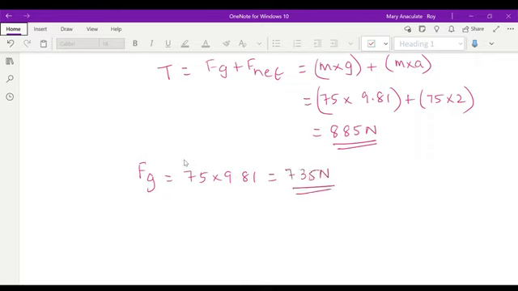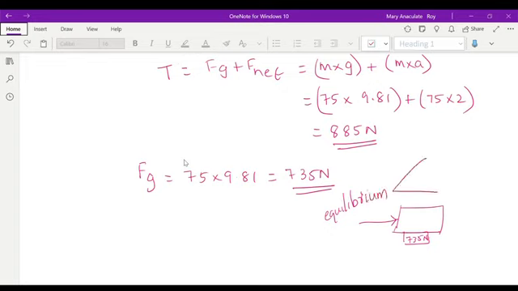So when will 735 Newton, or the equivalent 75 kg, be read on the bathroom scale or weighing scale? It is when the person is in equilibrium. When is that possible?